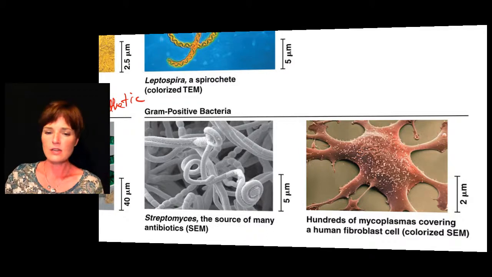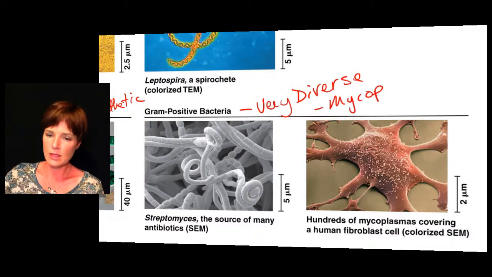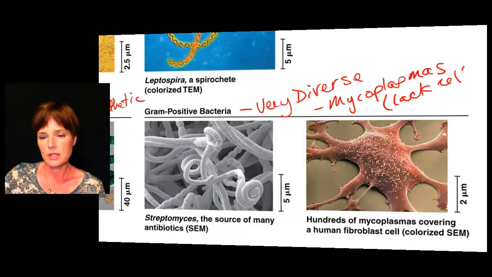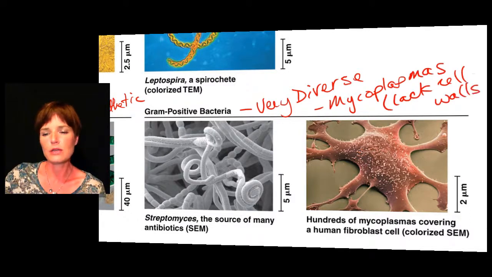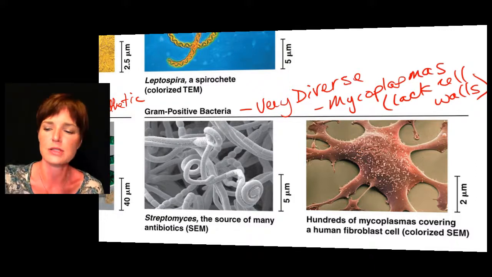So the gram-positive, very diverse. And these include even what we call the mycoplasmas. I mentioned the mycoplasmas because those are kind of an odd group. Those actually lack cell walls. So that's something that's very unique for bacterial cells.